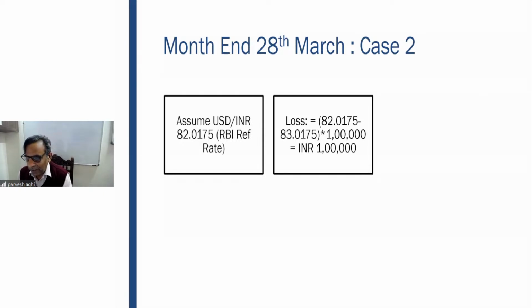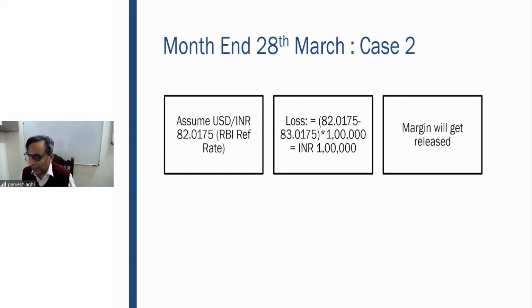So I have to give 1 lakh rupees to the stock exchange, and it will be given to the future seller. So he will get the money, 1 lakh. I'm going to lose 1 lakh because I bought something at 83, which is today worth only 82. So this is the money of loss which I'm going to lose. The margin will get released immediately on 28th of March.